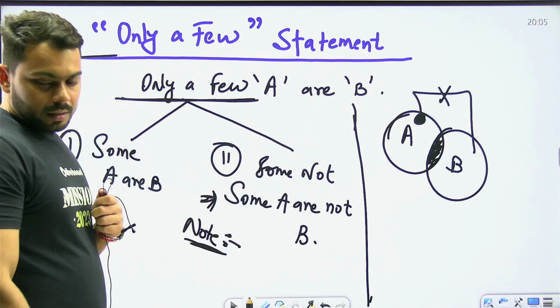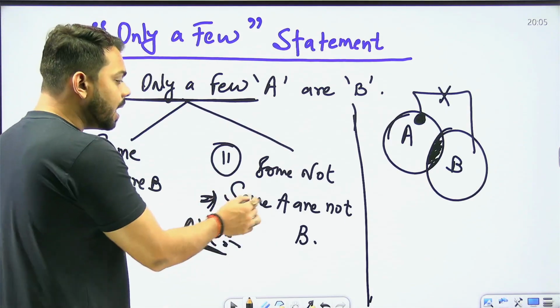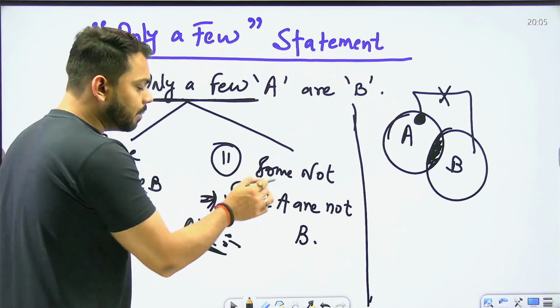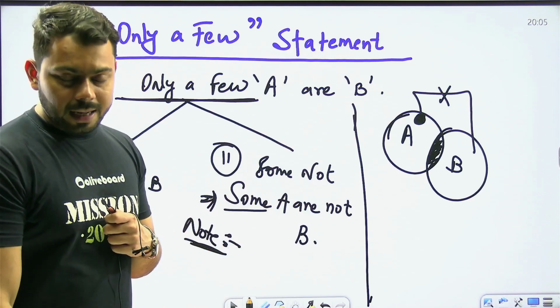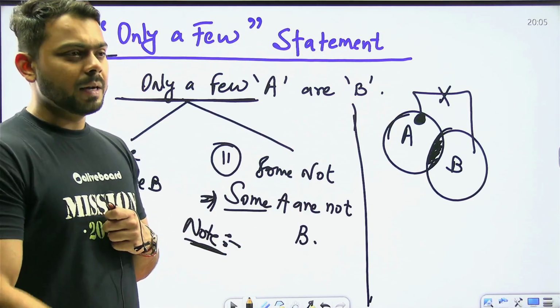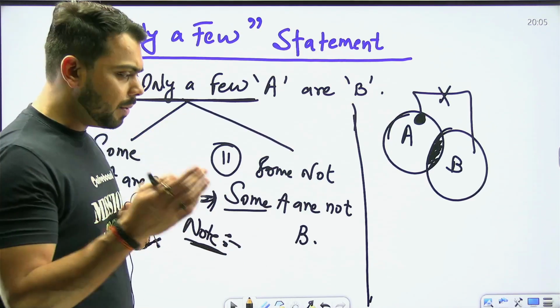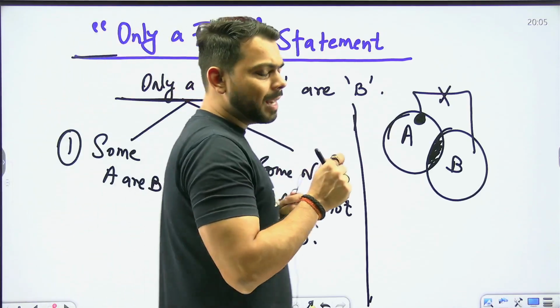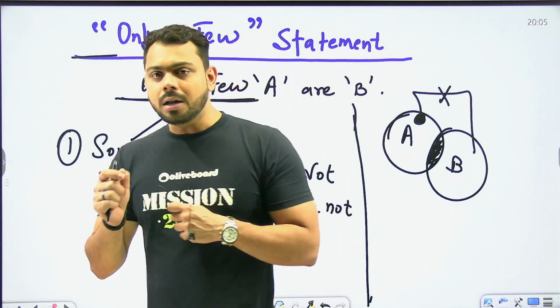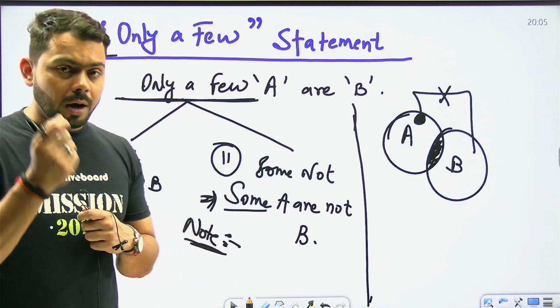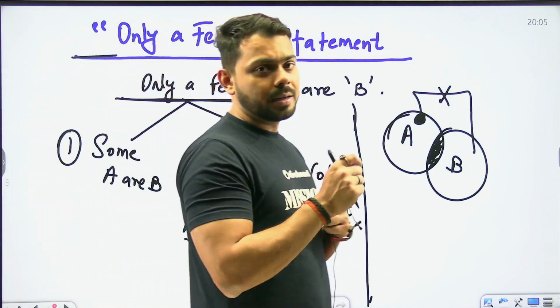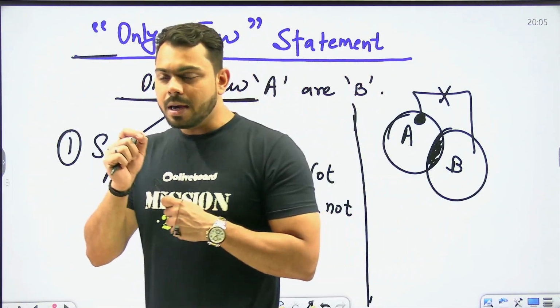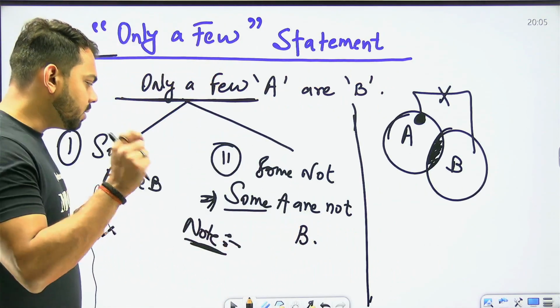If there is a "some not" type of relation between any two elements, then the possibility of "all" type of statement between those two elements will be incorrect, will be wrong. Please note this down.